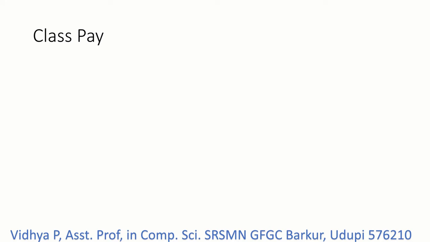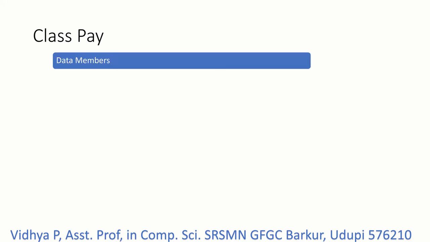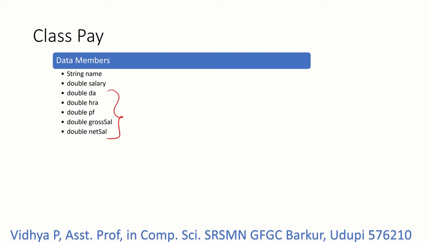Now let us see how this class Pay may look like. It may consist of data members as mentioned: string name, double salary, double DA, HRA, PF, gross salary and net salary. And they have also given how to calculate all these things, and these two are going to be our output.